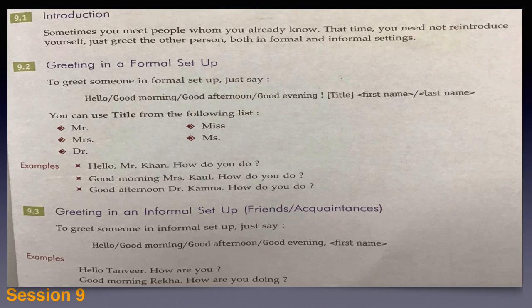Good morning, Rekha, how are you doing? In the informal setup, when you know each other, start with the greeting, then the first name, and then how are you, or how are you doing. This kind of sentence is going to be used.